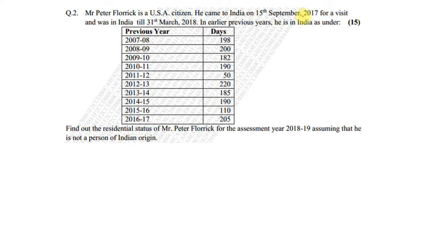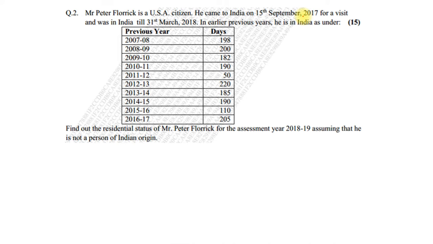So September has 30 days, from which he was there in India from 15, so 16 days of September, 31 days of October, 30 days of November, 31 December, Jan 31, Feb will be 2018, which is not a leap year, so plus 28, and March will be 31.